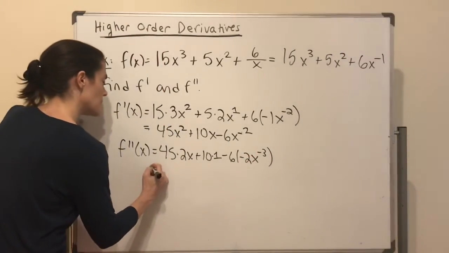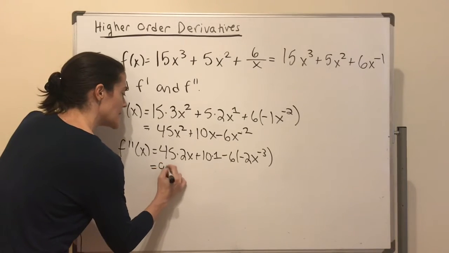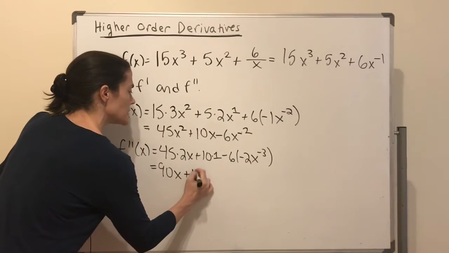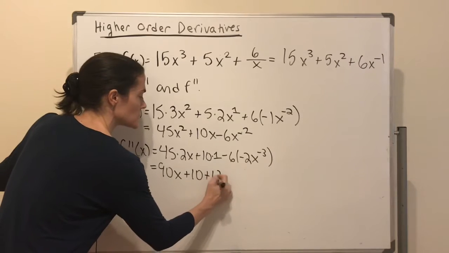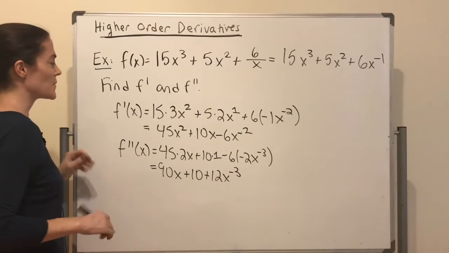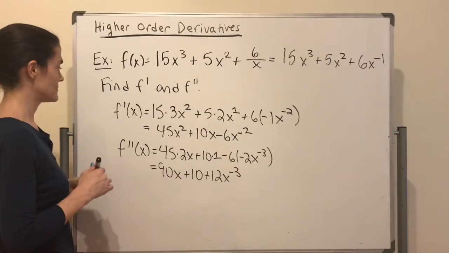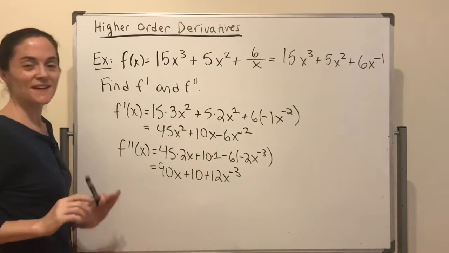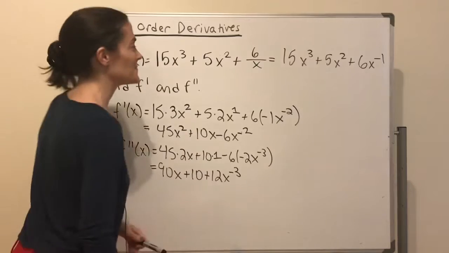And finally, this is 90x plus 10 plus 12x to the minus 3. Okay, so here are the first and second derivatives for this function.